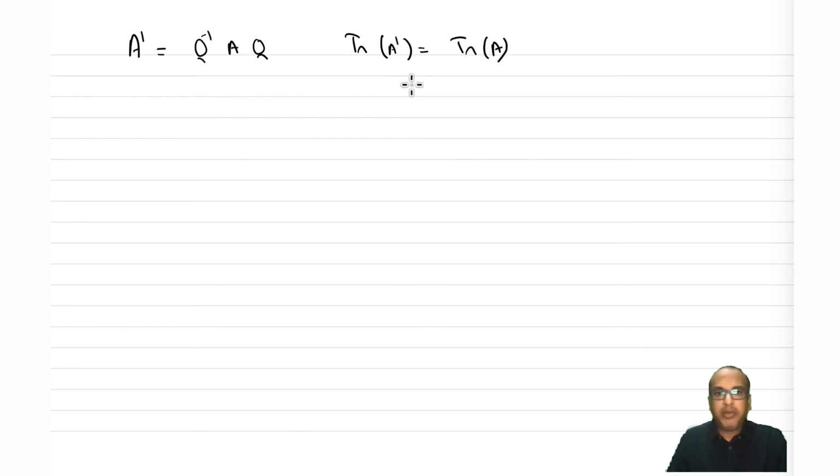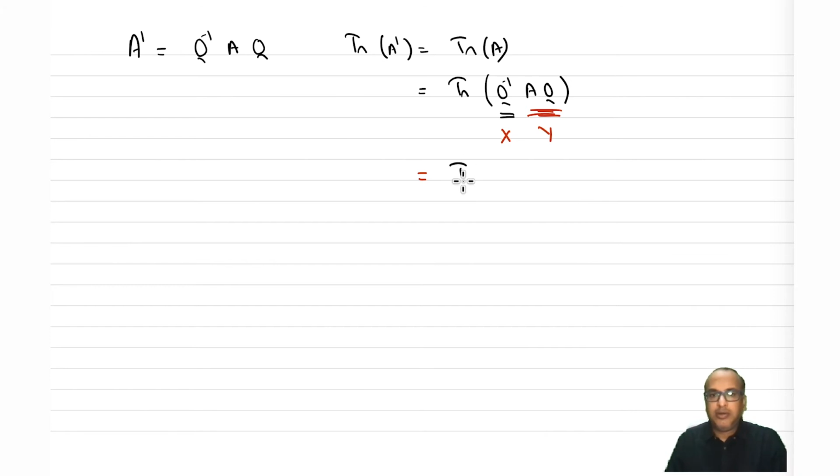So trace of A prime will be equal to trace of Q inverse A Q, and now treat this as maybe a matrix, let's say X, and this complete product as Y. So I can always write it as trace of AQ into Q inverse.